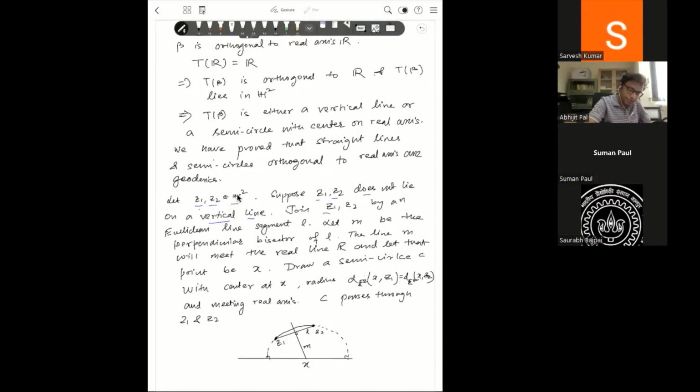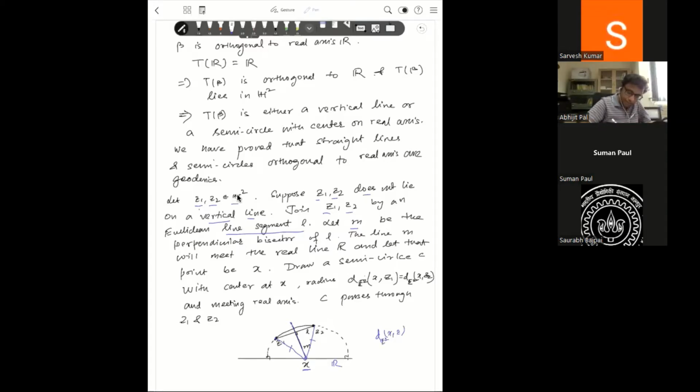Join Z1 and Z2 by a Euclidean line segment L, and let M be the perpendicular bisector of this line L. This will meet the real line at some point X. These two lengths will be equal, and draw a semicircle with center X and radius the distance from X to Z1.